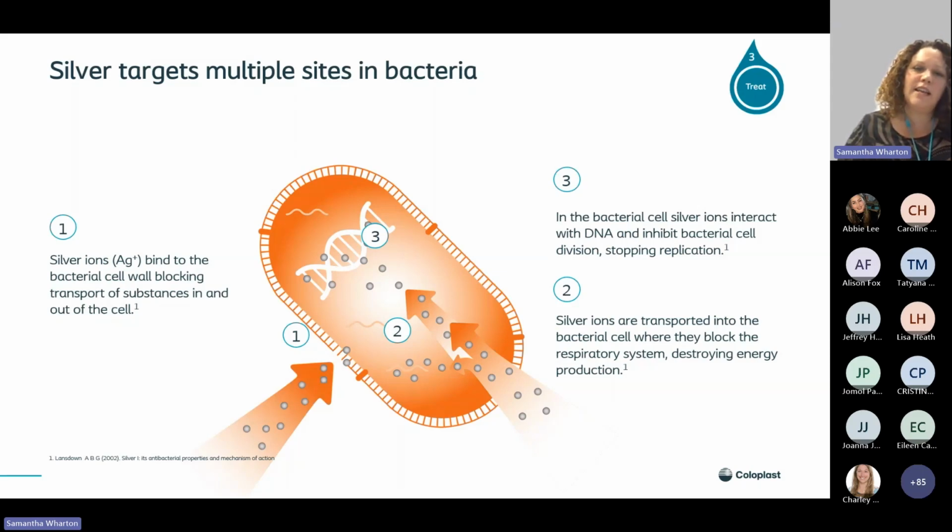And then finally, in the bacterial cell, silver ions interact with the DNA and therefore inhibit the bacterial cell's division, so it's stopping it replicating. Like I say, it's got these 3 modes of action, which is why silver is quite a good option when you have those local infections.